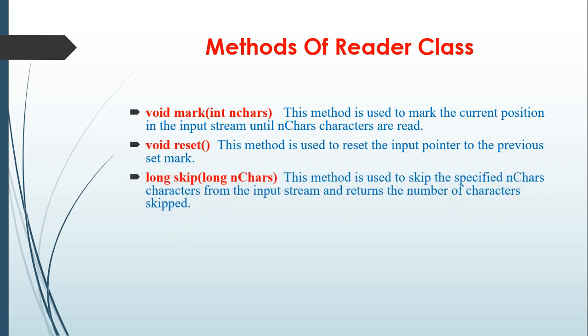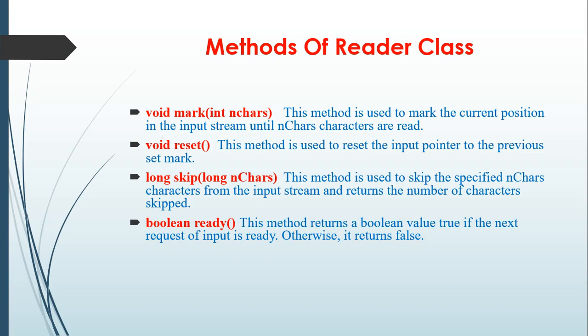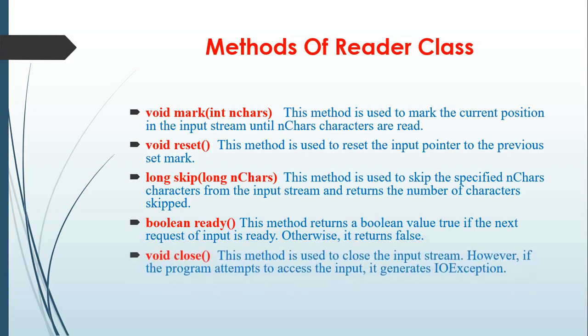This method is used to skip the specified nchars characters from the input stream and returns the number of characters skipped. boolean ready(). This method returns a boolean value true if the next request of input is ready, otherwise it returns false. void close(). This method is used to close the input stream. However, if the program attempts to access the input, it generates an IOException.